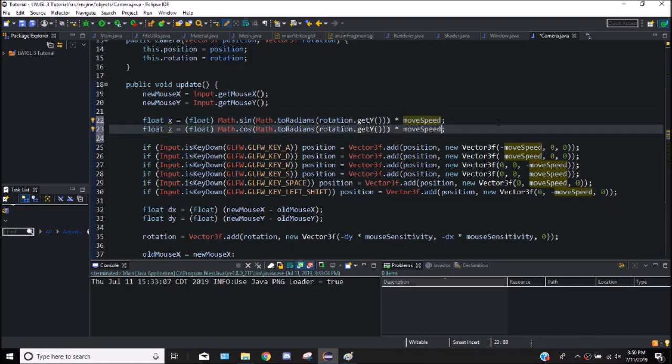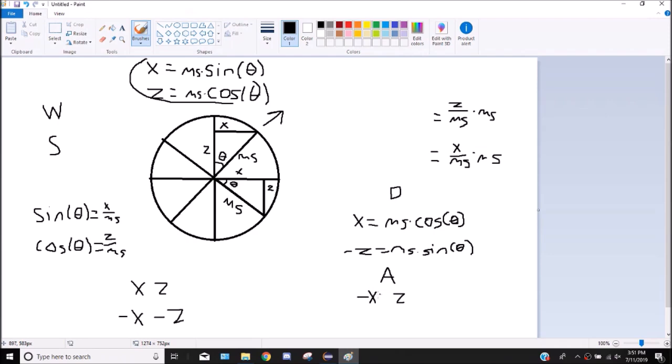Control C and Control V. So with these values, we can actually implement this into our position in the vector and all that adding. So for A, which is going to the left, A is negative X, Z.